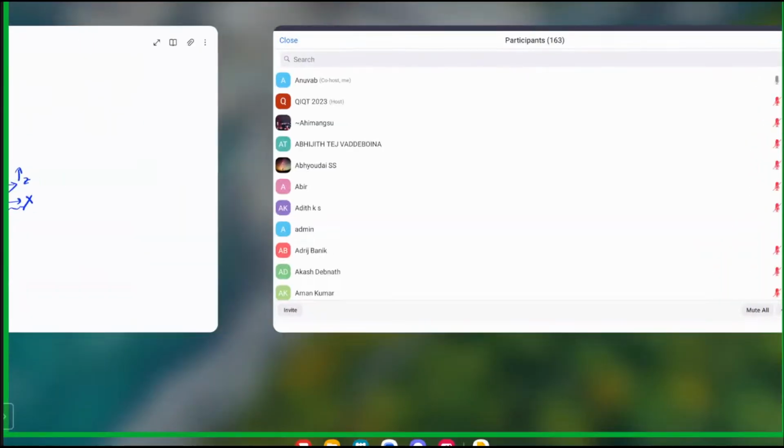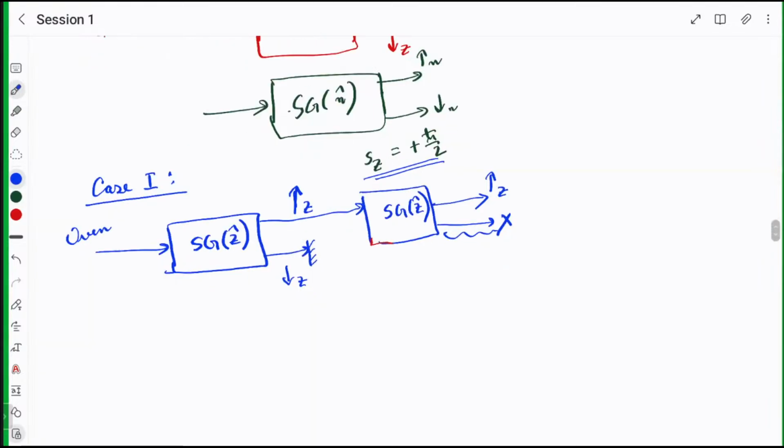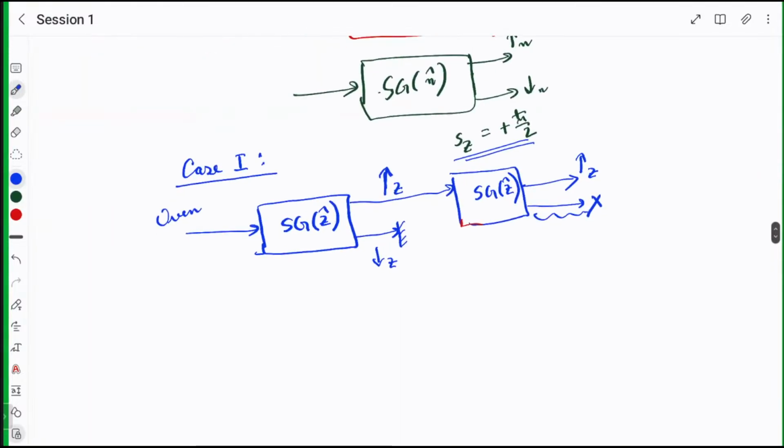So if that is okay with everyone, then we will get to the other case. Is somebody saying something? Okay.